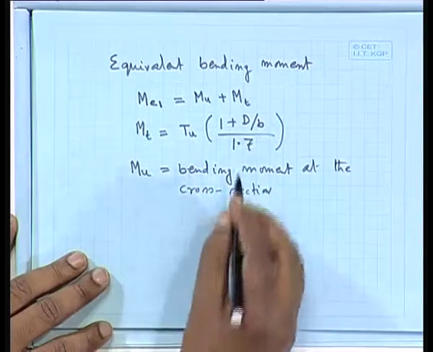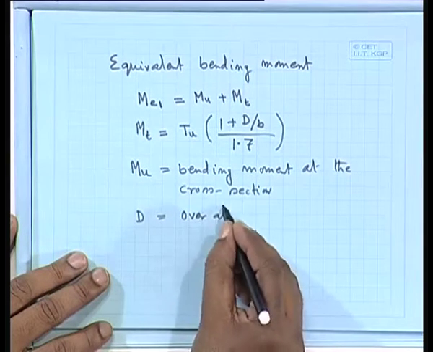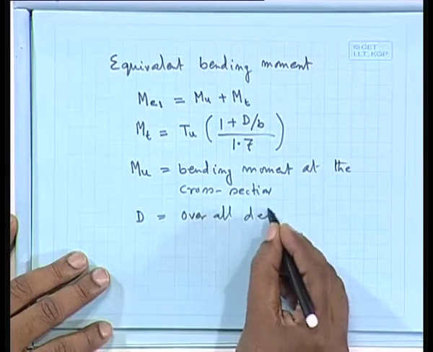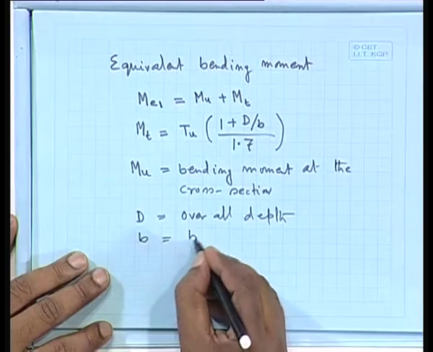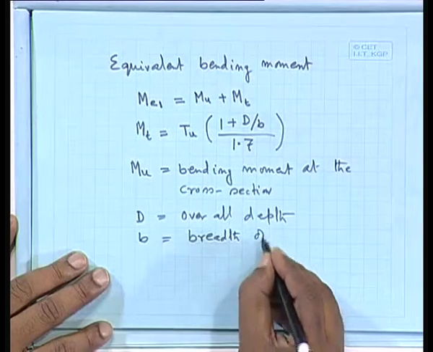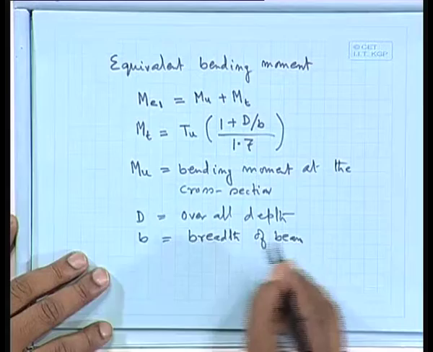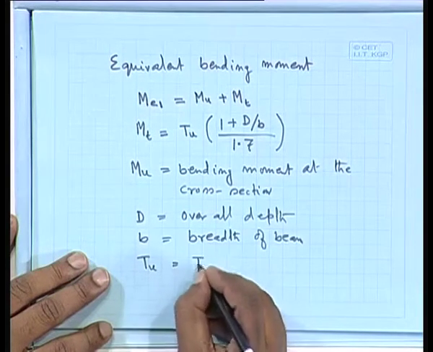D is the overall depth, B is the breadth, TU is the torsional moment.